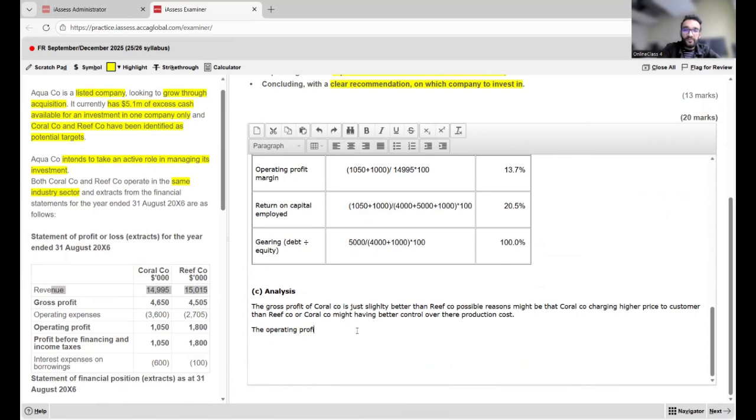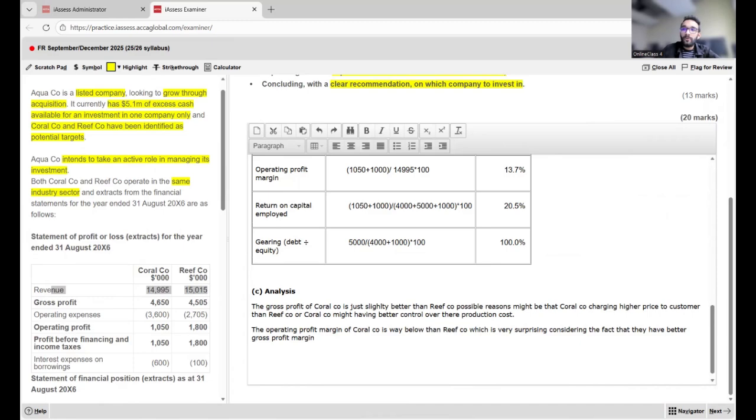The operating profit margin of Coralco is way below Reefco, which is very surprising, considering the fact that they have better gross profit margin.